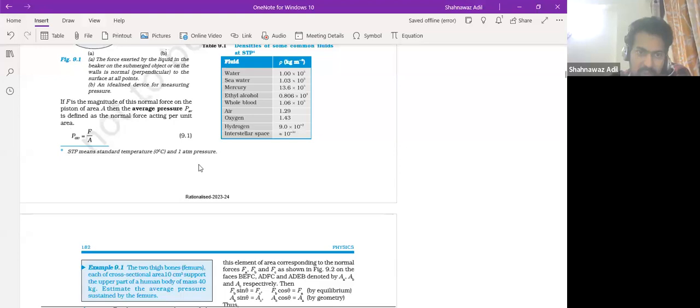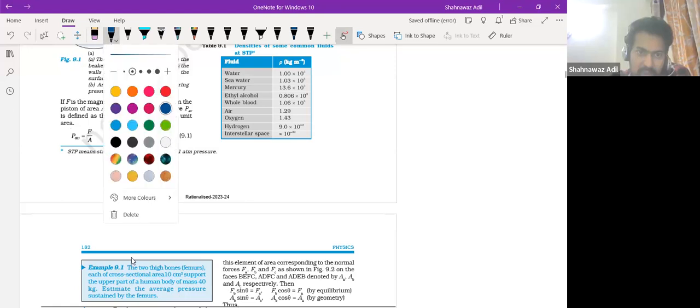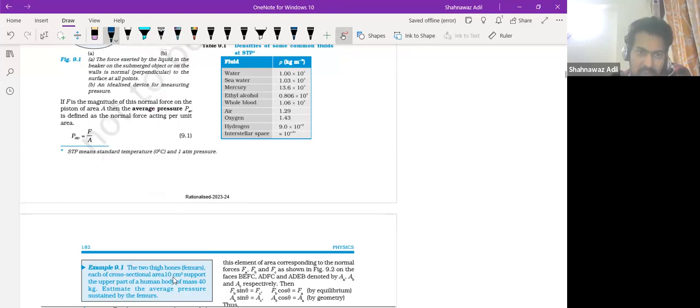This is the area for one, and there are two femurs. So total area is how much?